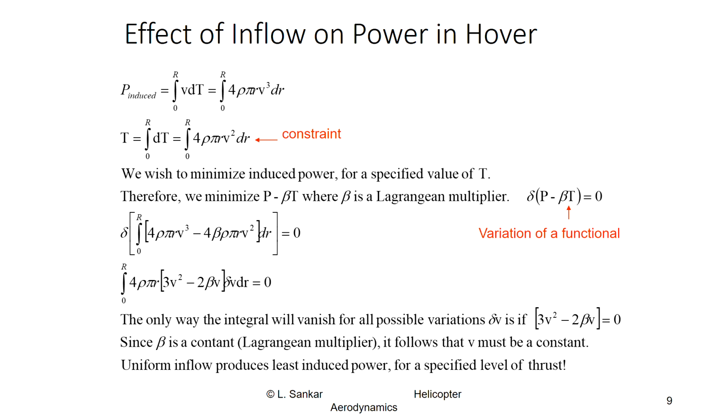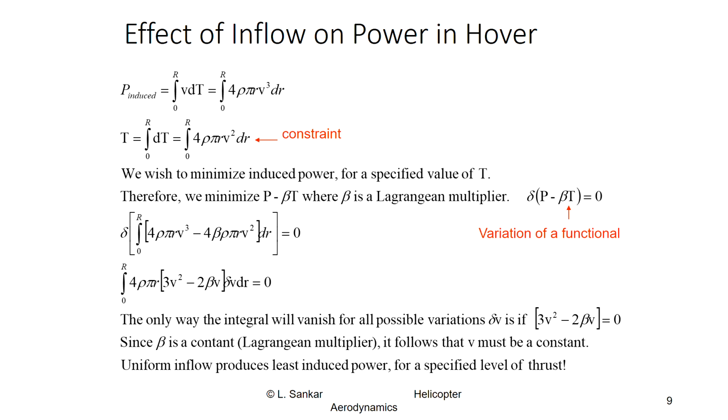There are many things that are varying. Rho is not 0, pi is not 0, r is not 0. So how can we make this 0? It will become 0 if the term in the square bracket, 3v squared minus 2 times beta v times v, lowercase v, is 0.